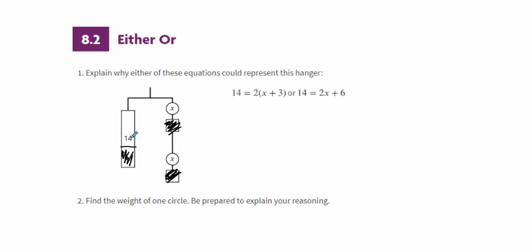So 14 minus 6 would leave me with 8 here. And then I would take that 8 and divide it by 2. So 1x is equal to 4. So this side's 4 and this side's 4 for a total of 8 right here.